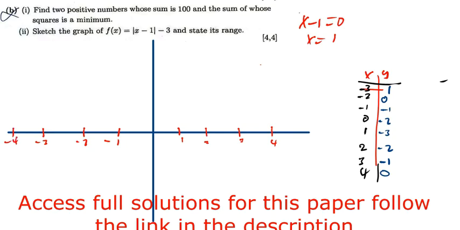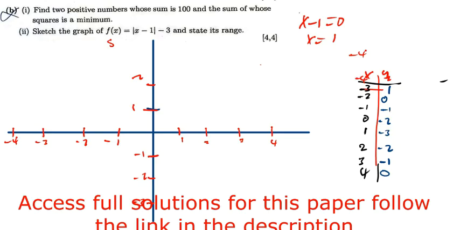If you put -4, that one is going to be 5, and 5 minus 3 is 2. So in y we have 2 at -4. In y, in positive we have 1 and 2, and in negative we have -1, -2 and -3, and 0.